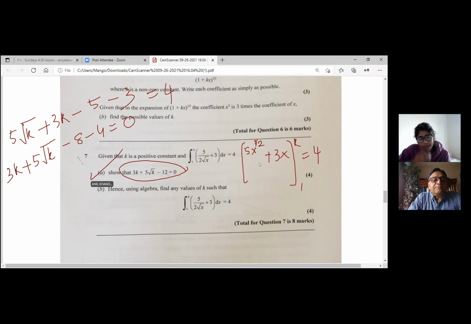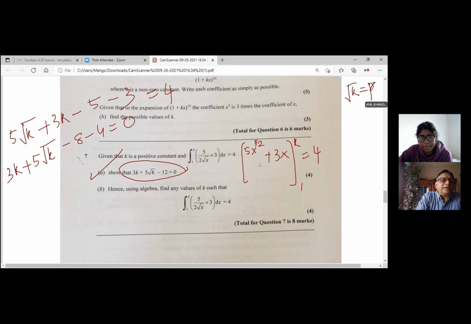Then it says, hence, using algebra, find any value of k such that this is equal to 4. So you have to solve this equation. It's a quadratic equation, correct? If you find it difficult that way, you can substitute square root of k as, let's say, p.